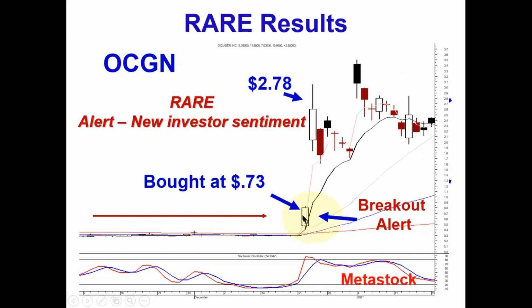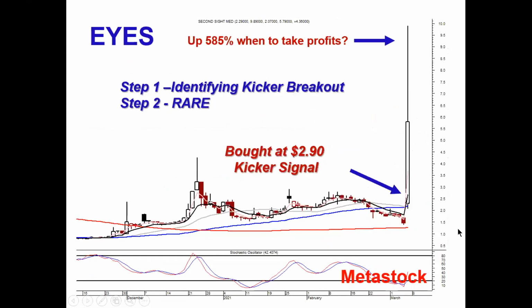This just told us when this alert occurred, go back and see what caused it. And the next day it popped right up to 2.78 in that area. So it tripled. So anytime we see something like this, when it was trading right here, and we did a simple scan and saw that this was a kicker signal, we went ahead and bought it.